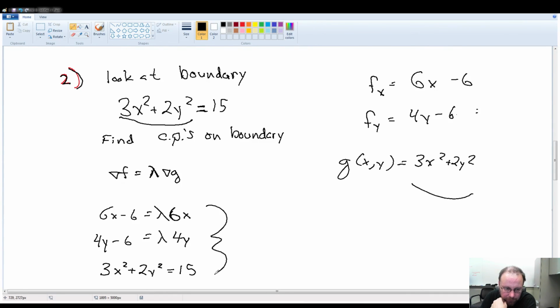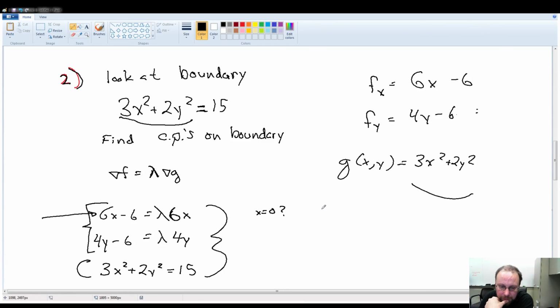Alright, so let's solve. This is an example where I'm going to work with these two equations first and then go to the constraint to solve for something. So let's see. Is it possible, if you look at the first equation here, that x is 0?